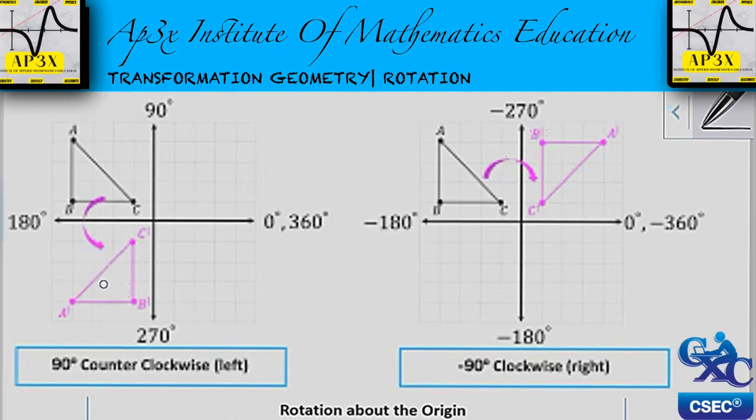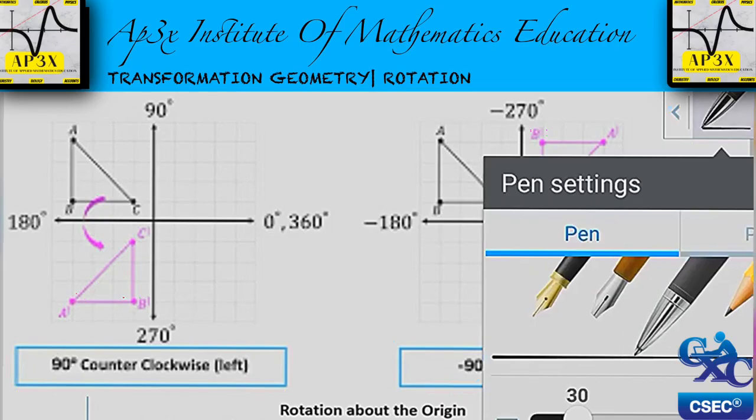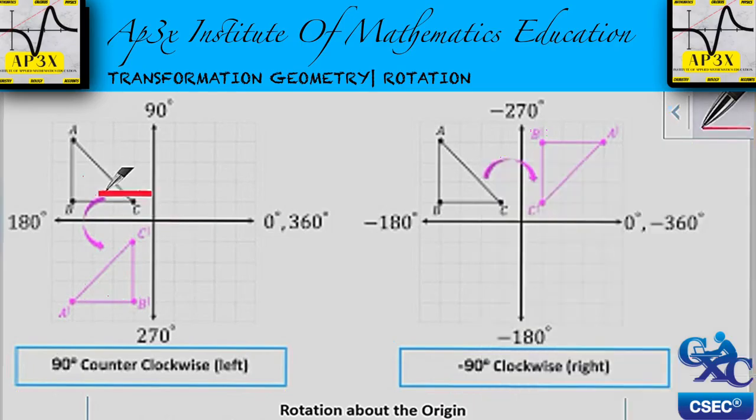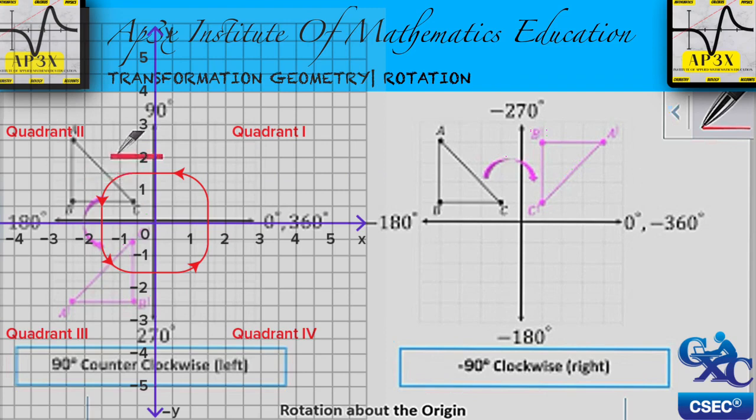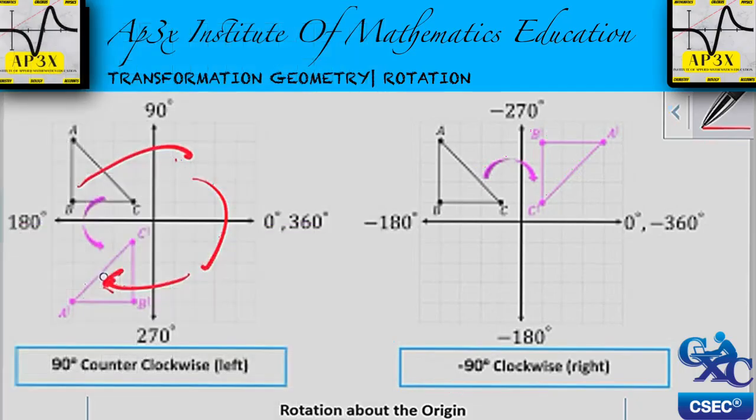I could actually get to this position by moving clockwise, but I would have to change my angle. So traveling 90 degrees counterclockwise, I can get to this very same position by moving 270 degrees clockwise. So I can go here, then here, then here.